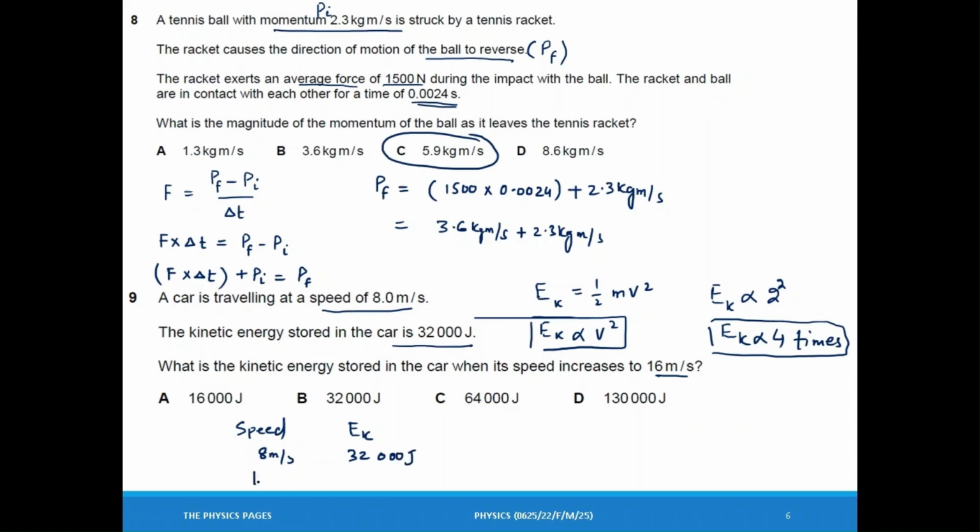If the speed is doubled to 16 meter per second, kinetic energy will become 4 times, which is 32,000 times 4, and it will go to 128,000 joule, approximated to 130,000 in two significant figures.